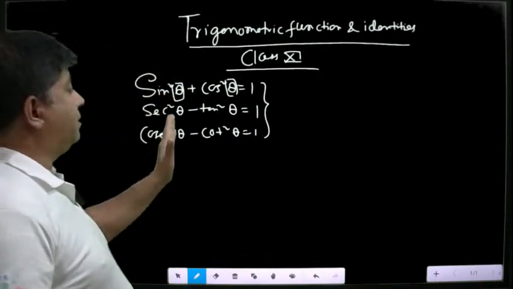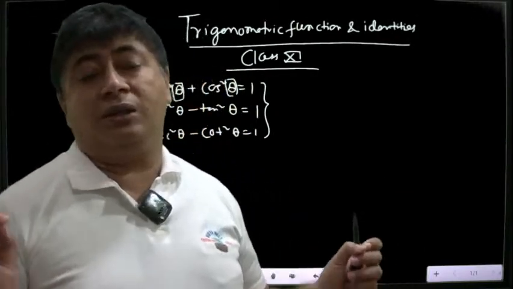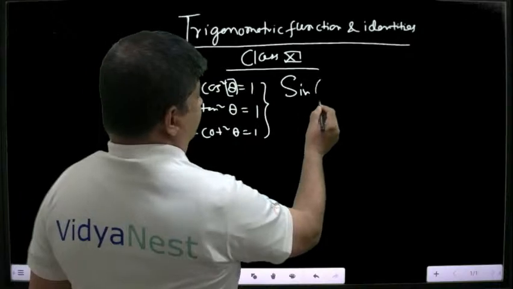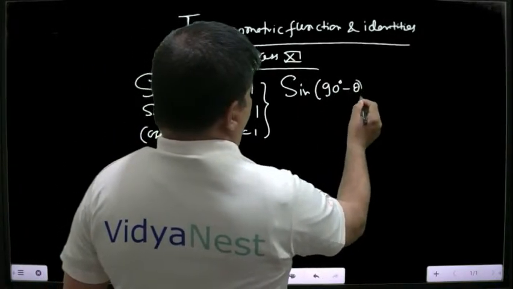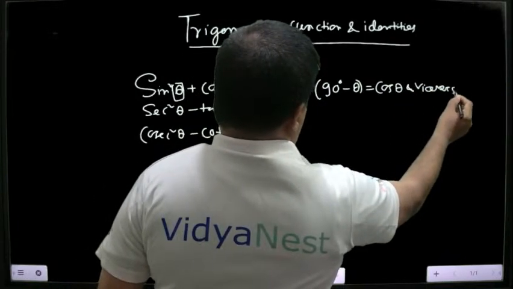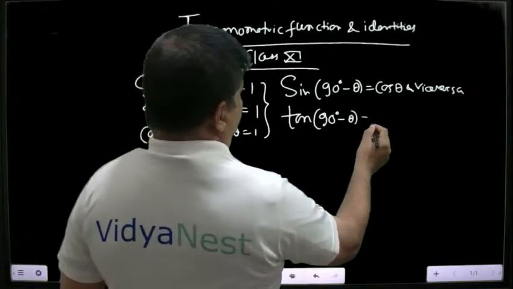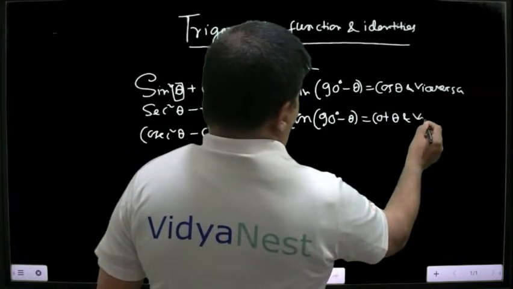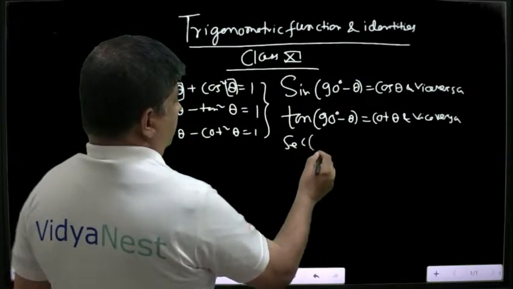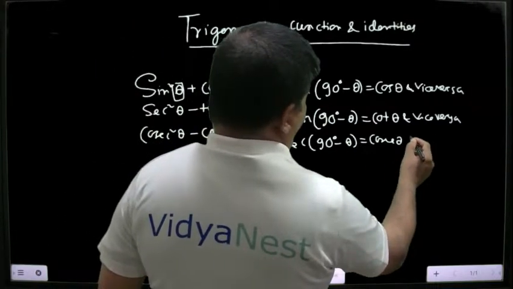So these are trigonometrical identities you were taught in junior class, and you are quite familiar with complementary and supplementary angles, mainly complementary angles: sin of 90 minus theta is cos theta and vice versa, tan of 90 minus theta is cot theta and vice versa, and sec of 90 minus theta is cosec theta, and vice versa.